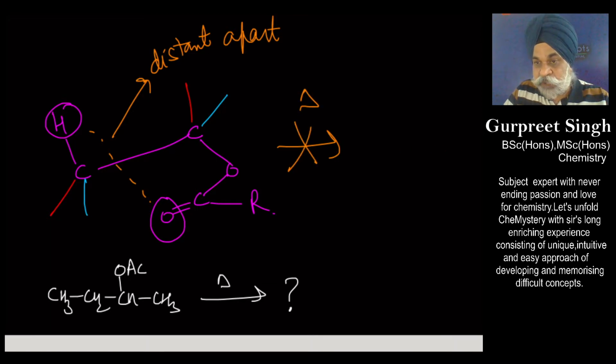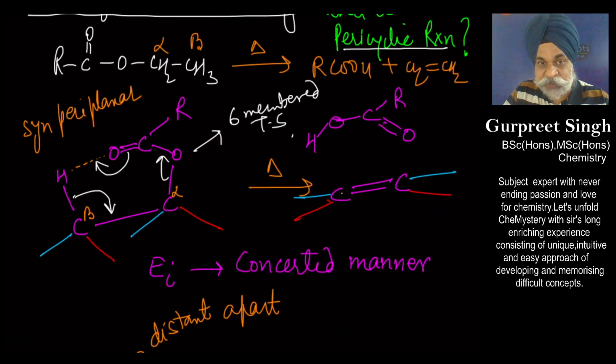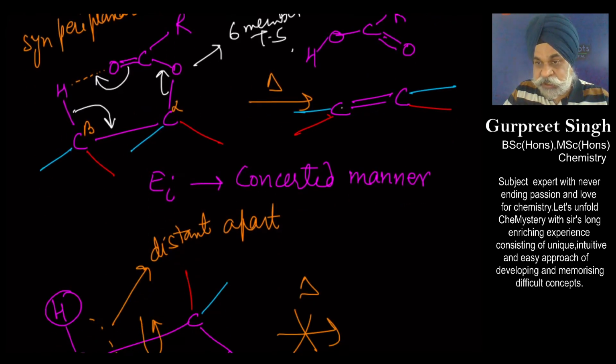Although I have written it across, it can undergo elimination once you heat it: this conformation would rotate and acquire the same eclipsed geometry, and then it would generate the desired alkene.